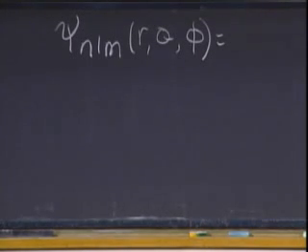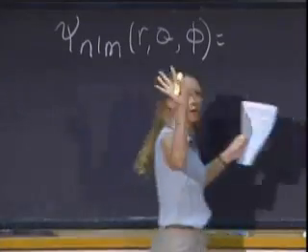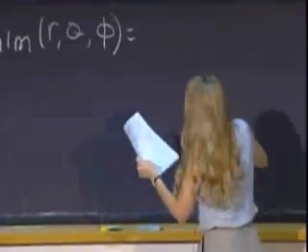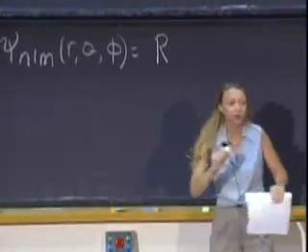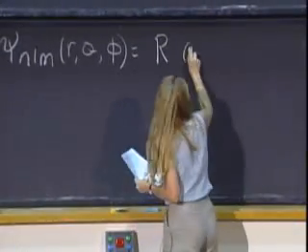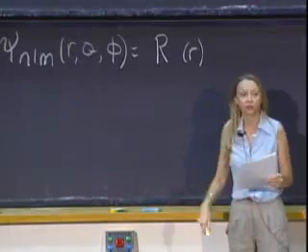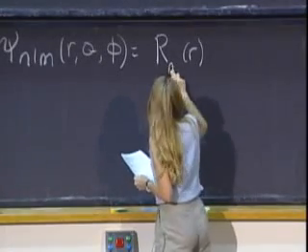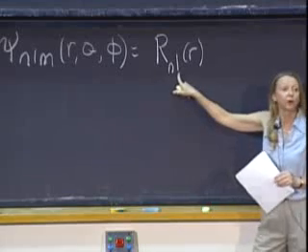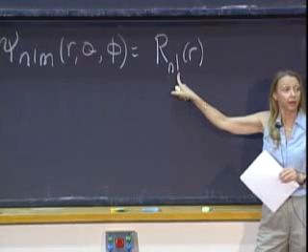No approximation, this is just the way it turns out. The function of r only is called the radial function. We'll call it capital R, radial function of r. It is labeled by only 2 quantum numbers, n and l.